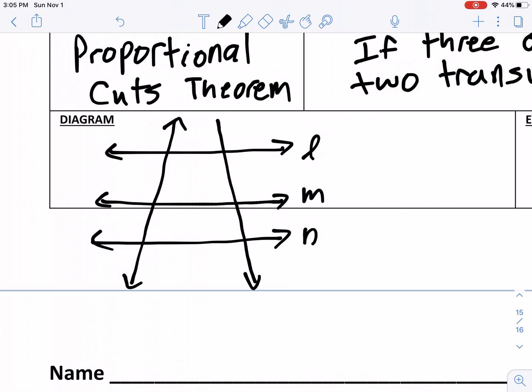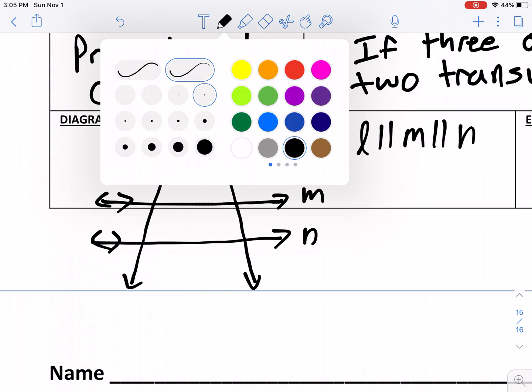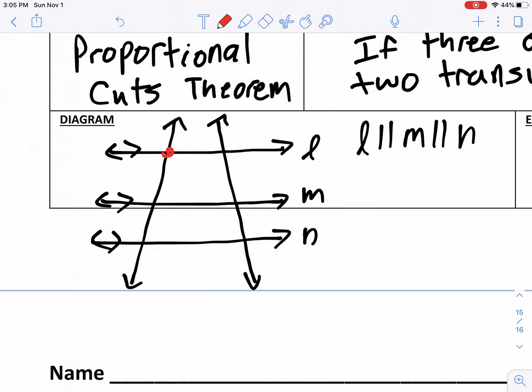The transversals don't have to be parallel, but let's say that L, M, and N are parallel. So L is parallel to M, which is parallel to N. Then let's say that the points where we're intersecting here, let's call this guy A, and let's call the others B, C, D, E, and F.